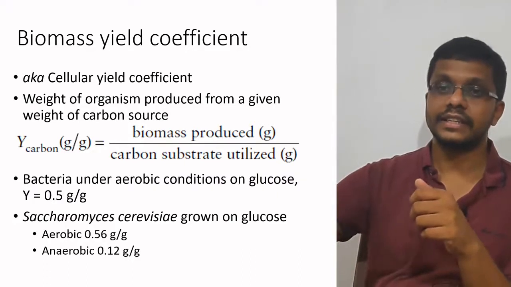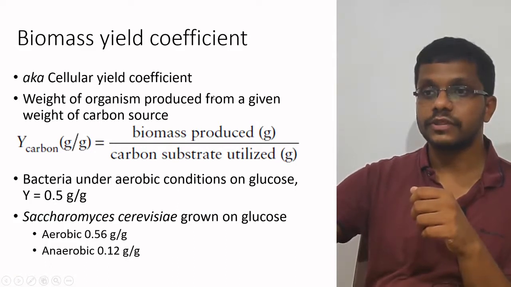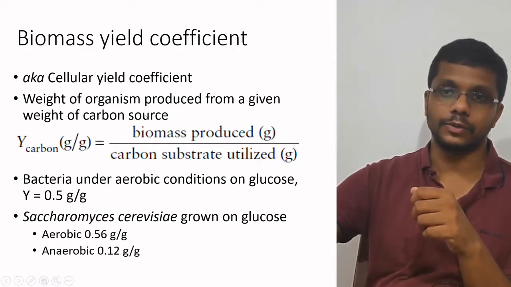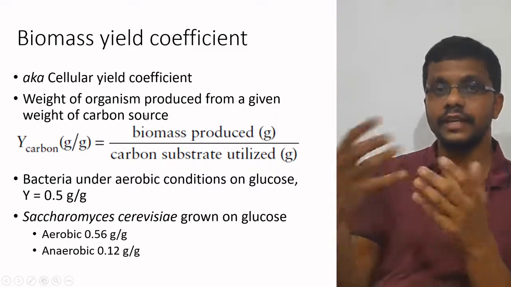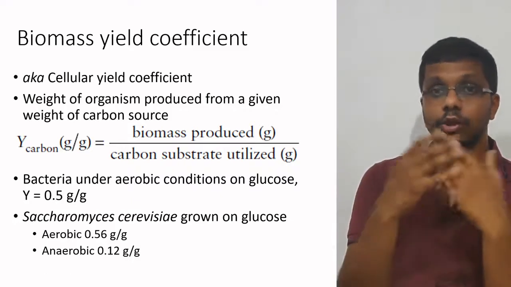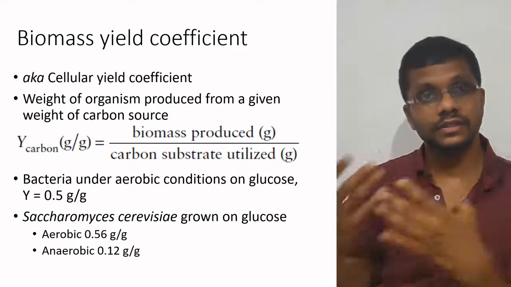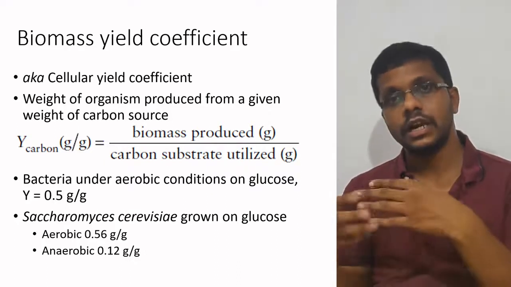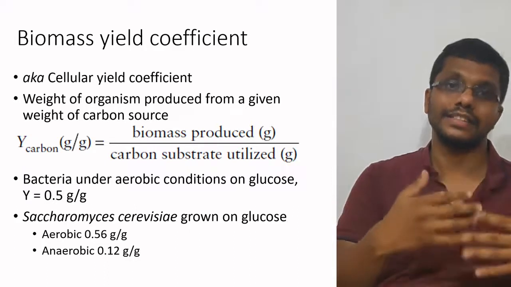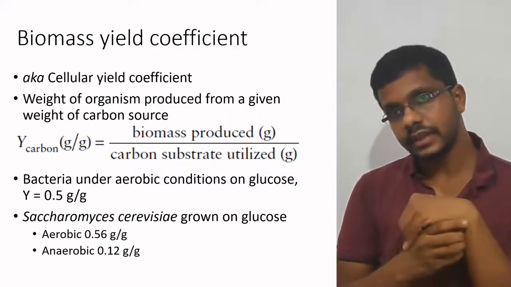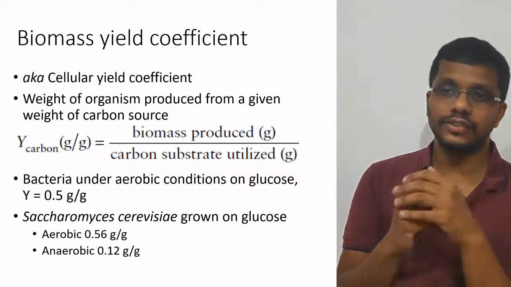By definition, it is the weight of an organism produced from a given weight of a carbon source. So suppose you are feeding the microorganism 1 kilogram of a carbon source, how much biomass is created?